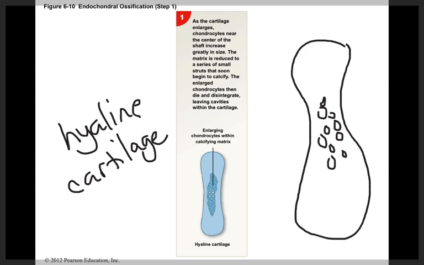When they do that, it reduces the matrix in between the cells into struts. When this happens, the matrix starts to calcify and it starts to shut off the nutrient supply to those chondrocytes. The enlarged chondrocytes will die and then disintegrate, and they'll leave large cavities within the cartilage.